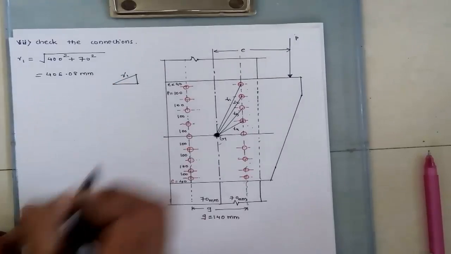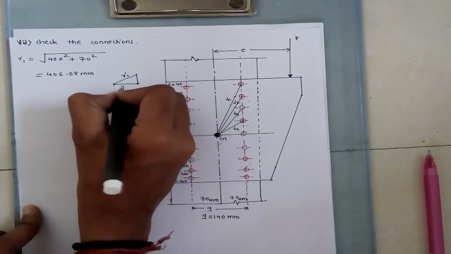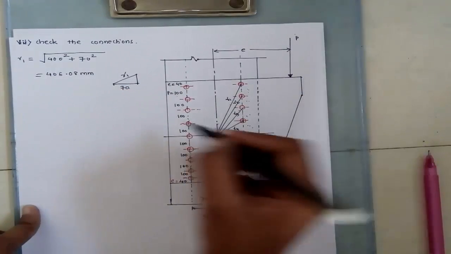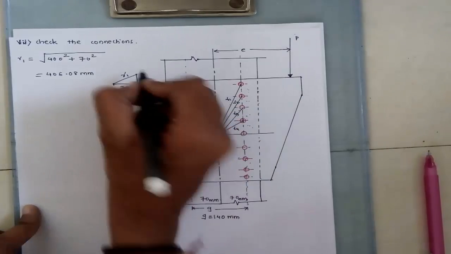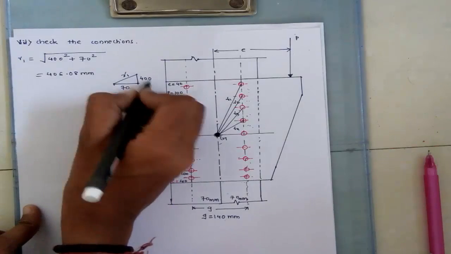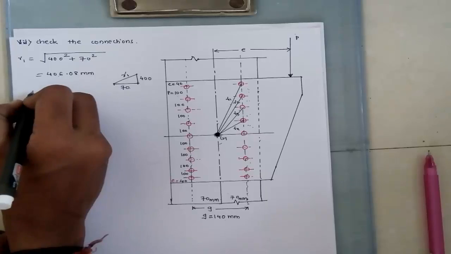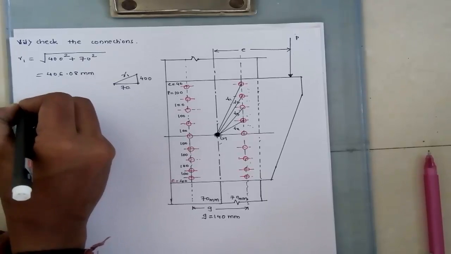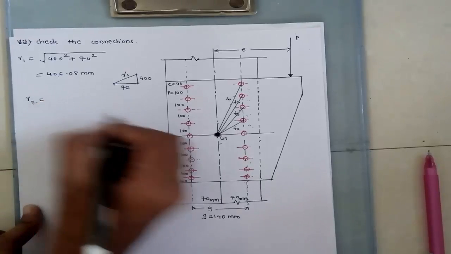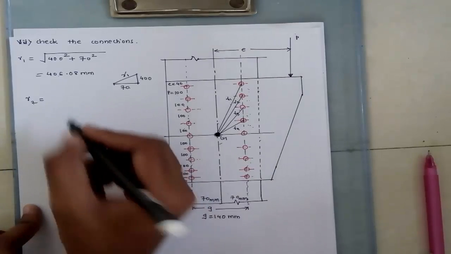This is r1, and the half gauge distance is 70, and 100, 100, 100, 100, this is 400. After calculation we get r1 equals 406.08 mm. Similarly, we can calculate it for r2. This distance is 100, 100 and 100.